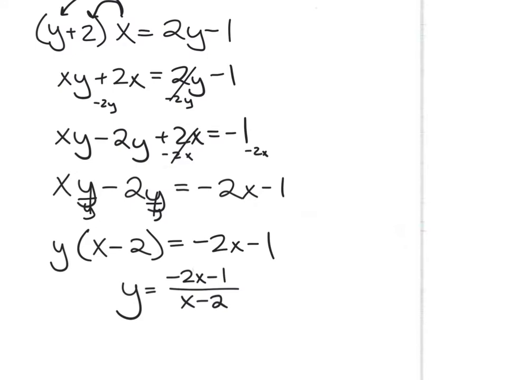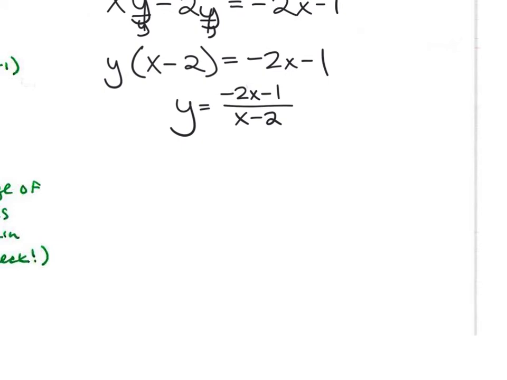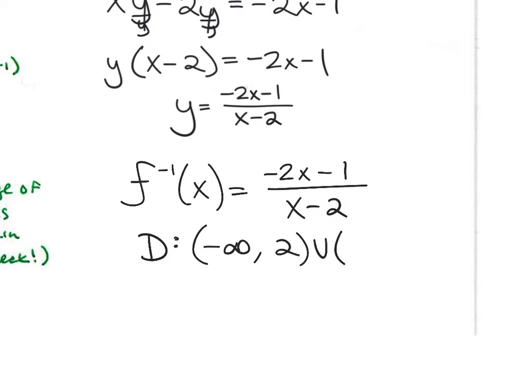If we write it in the fancy inverse version, f inverse of x equals negative 2x minus 1 over x minus 2, given that its domain was the range that we started with, which is everything but the number 2.